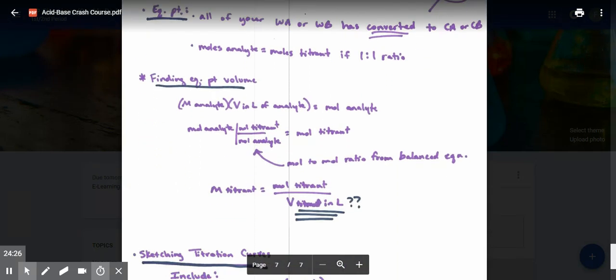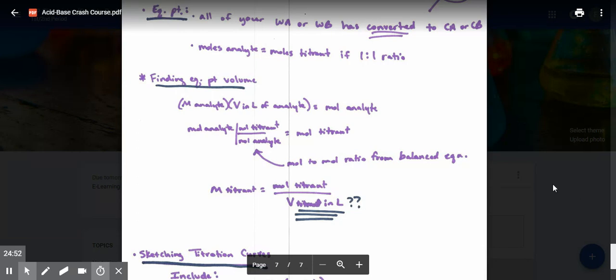One important thing that you'll have to be able to do is find the equivalence point volume. This will help you for sketching titration curves. It will also help you whenever you're having to do a titration calculation to figure out where you are along the curve. So what I do is I take the molarity of the analyte times the volume, make sure that is in liters, of the analyte, and that's equal to moles of the analyte.